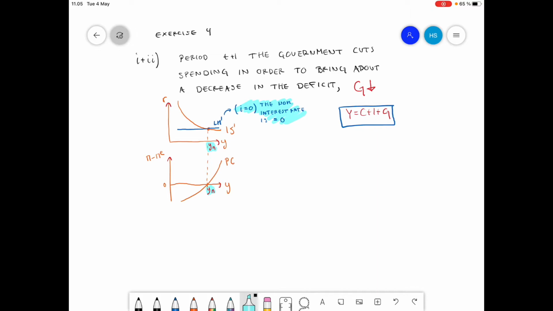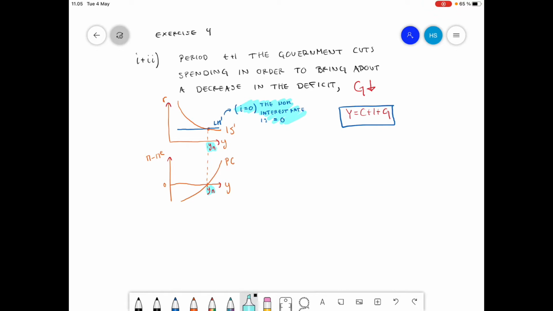So in question 1 and 2, we would like to show the effect of the policy on output in period t+1 and the effect of the policy on the inflation in period t+1. Therefore, we write up the IS-LM-PC model.